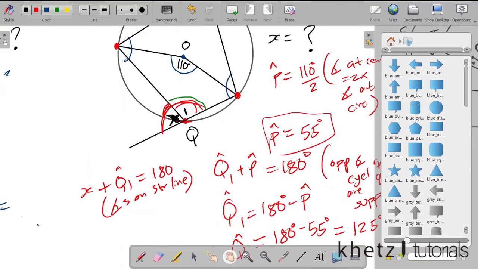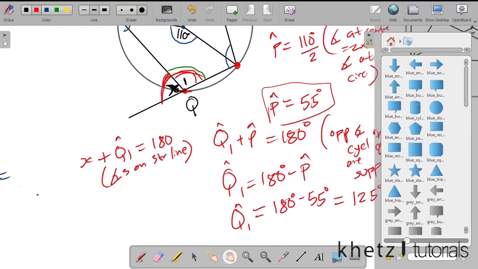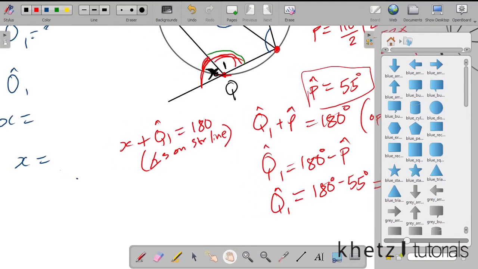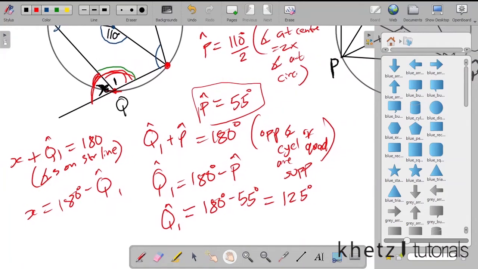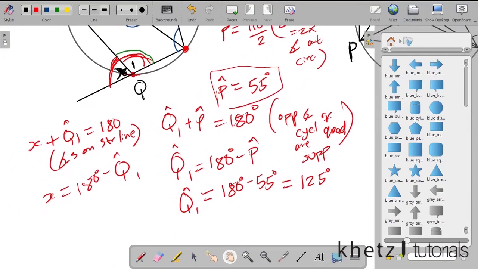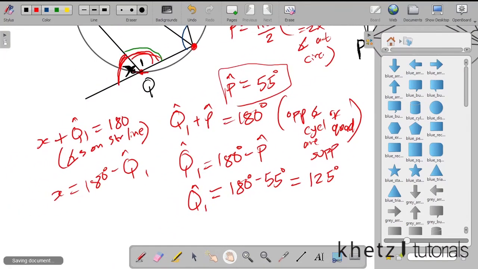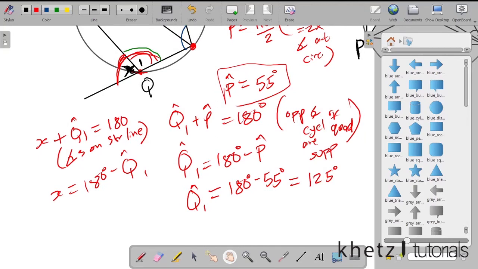So Q1 plus X is equal to 180 degrees, because angles on a straight line are supplementary, right? And therefore we know the value of Q1, we just calculated it here, and we can then find the value of X, and X would be 180 degrees subtract Q1, and that would be X equals 55.